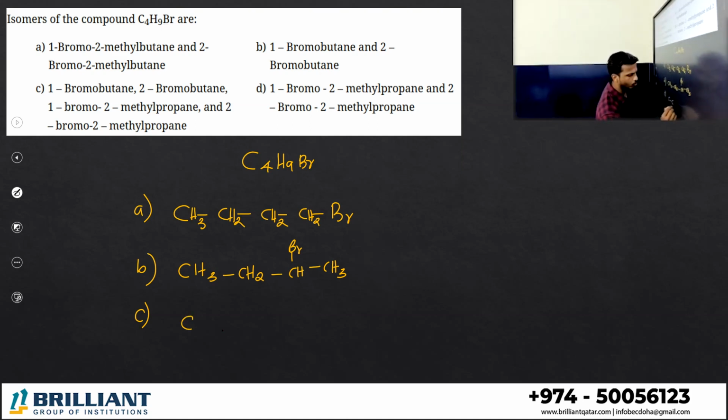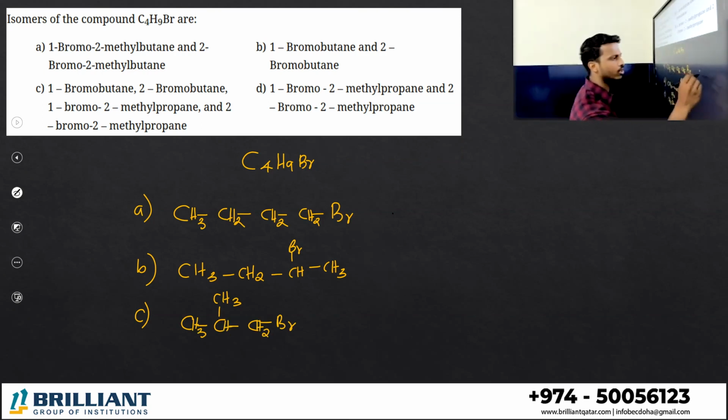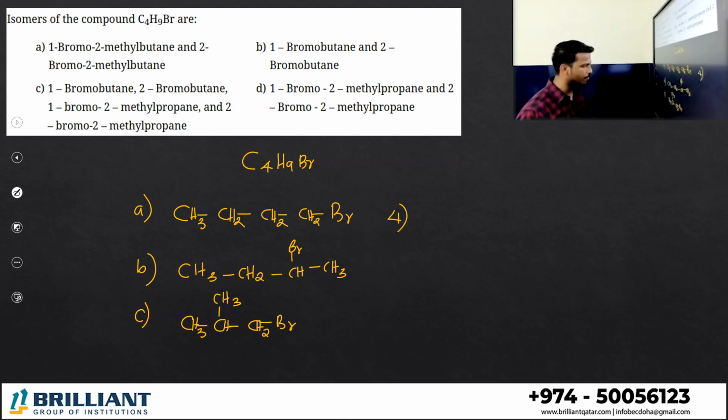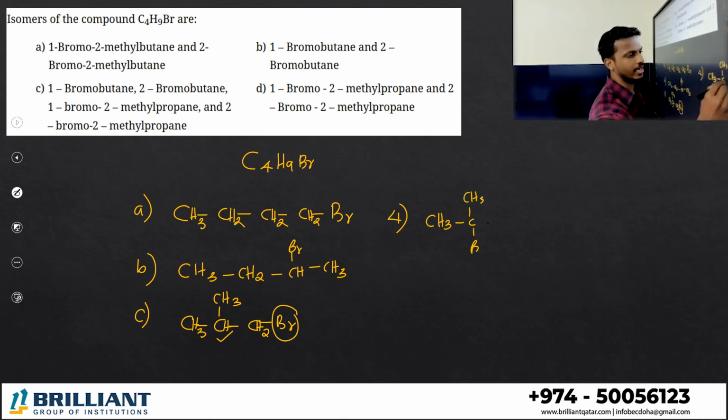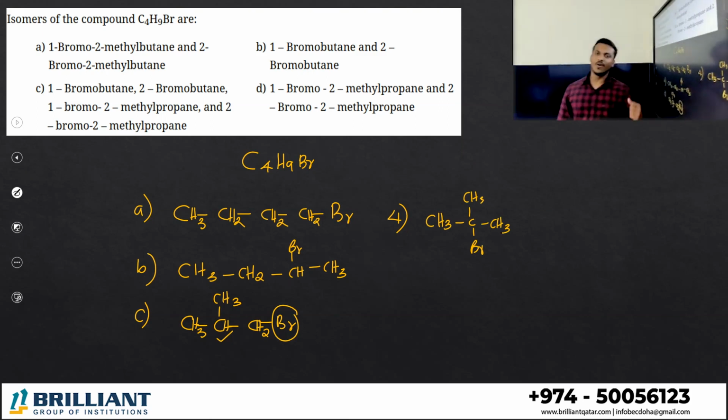Okay, 1, 2, 3, 1 CH3 as a branch and 1 bromine here. So this is possible, right? Alright. This is another structure. And is the 4th structure possible or not? Possible. You can place the bromine on this carbon atom. So you will get CH3, C, CH3, bromine, CH3. All are different structures of the same molecular formula C4H9Br.